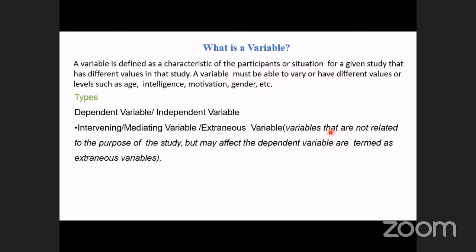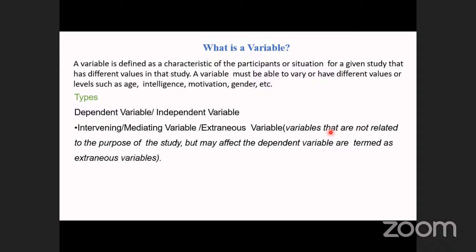So, what's a variable? To put it simply, if I'm looking at the definition from a slide, a variable is defined as an attribute or a characteristic of the participant or a situation in a study that has a tendency to take on different values. It means it has the possibility to vary, with different outcomes depending on the condition.